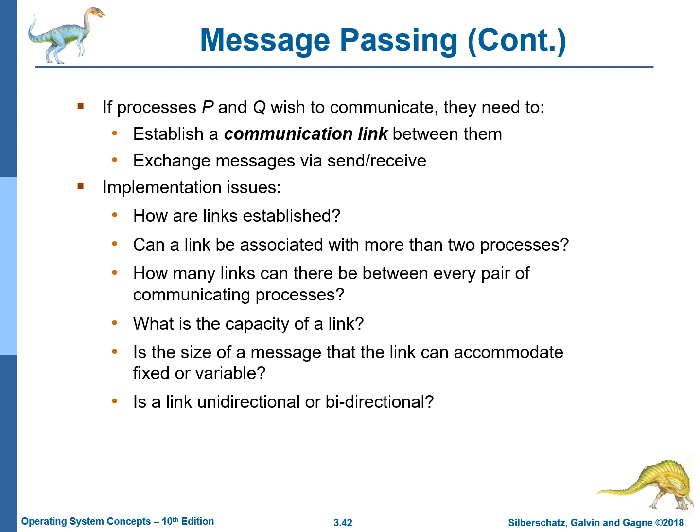Implementation issues: How are links established? Can a link be associated with more than two processes? How many links can there be between every pair of communicating processes? What is the capacity of a link? Is the size of a message that the link can accommodate fixed or variable? Is a link unidirectional or bidirectional?